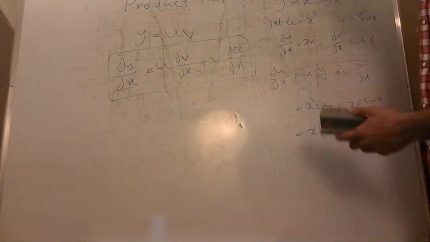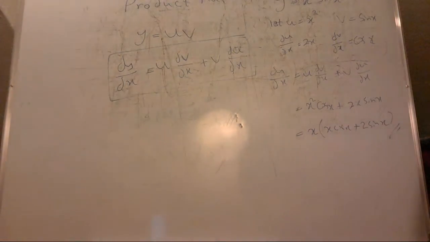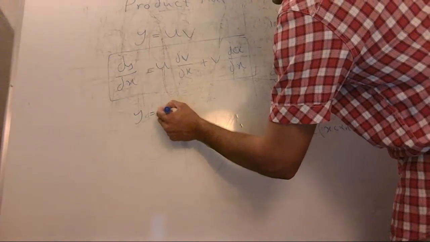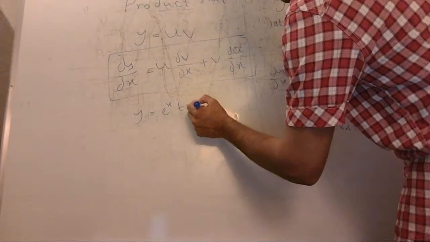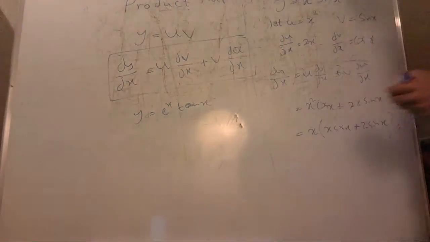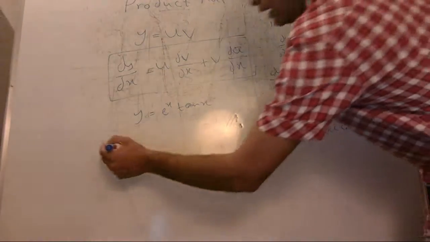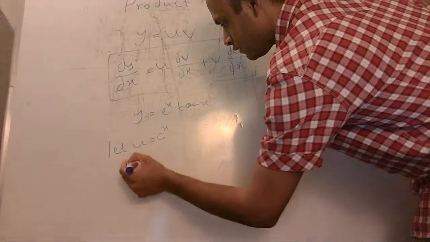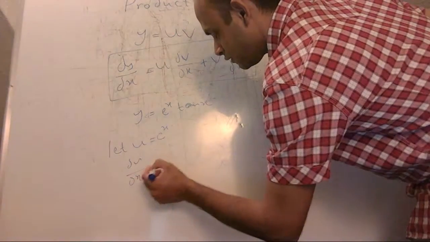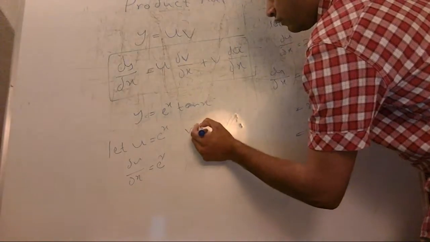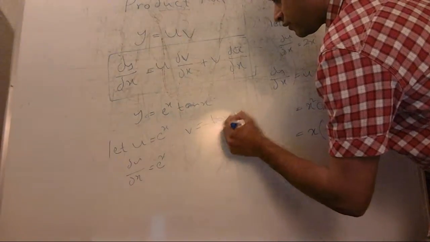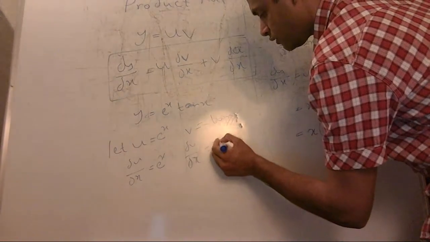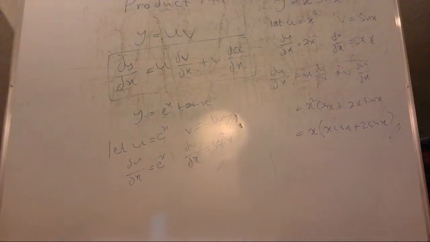Okay, so that's one example. Let's try and do one more example down here. Let's say we have y equals e to the x tan x. So let u equal e to the x, so du/dx equals e to the x itself, and v equals tan x, so dv/dx equals sec squared x.